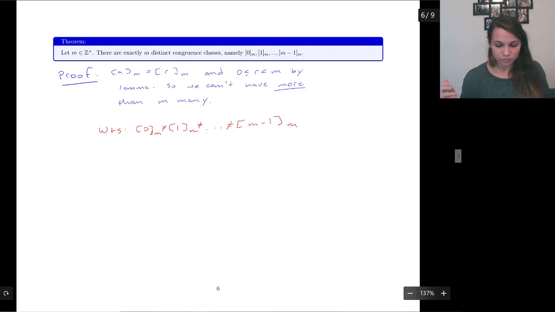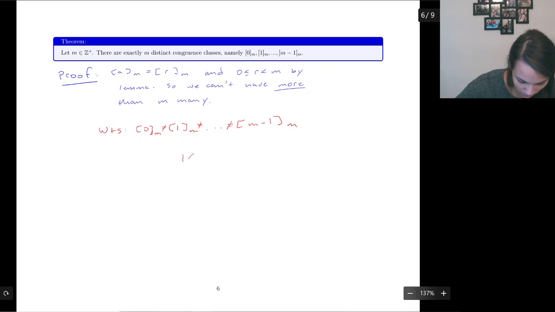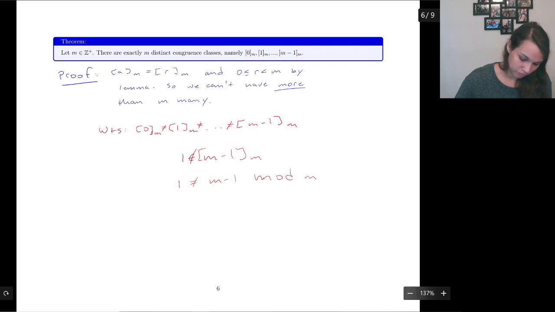And we can do that by showing that 1 isn't an element of m minus 1 mod m.